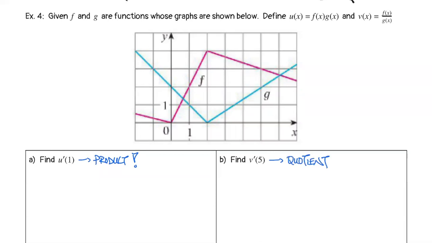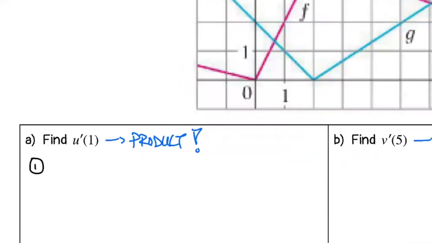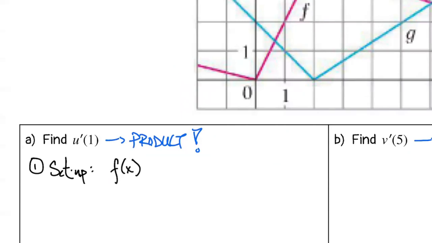Okay, so now let's use our product rule. Let's set up our product rule. So typically when we have a product rule, we have our two functions. So we have f of x, and then we have our g of x. What would we say the derivative of f of x is? How would we write that?